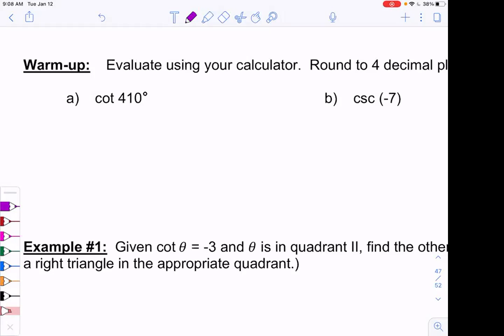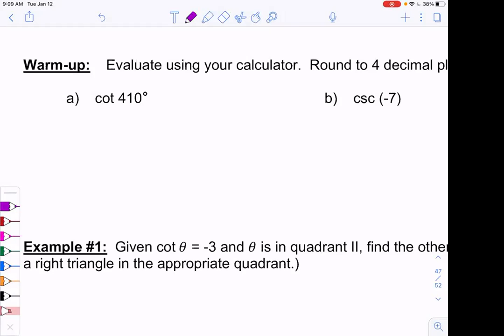It didn't work. Because that's finding the inverse, and they're reciprocals, not inverses. So when you hit the second tangent, you're finding the angle, but we already know the angle. Anytime you hit the second button of sine, cosine, and tangent, the goal of that function is to find the angle value.